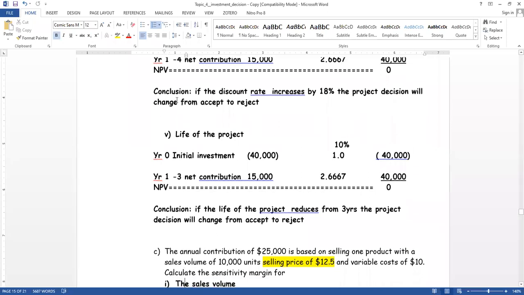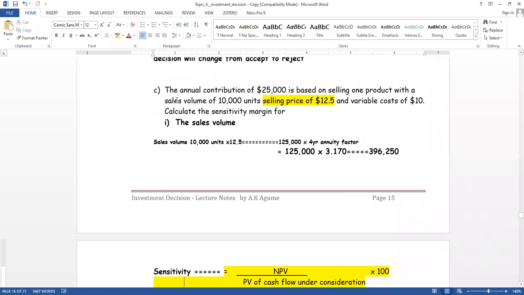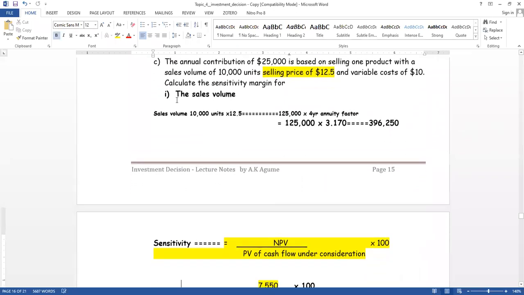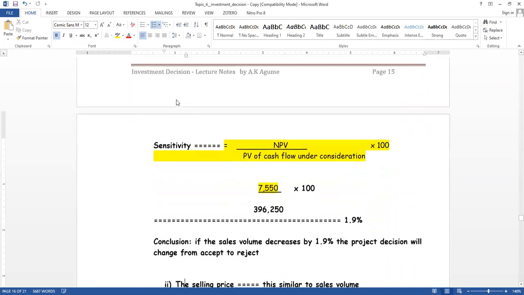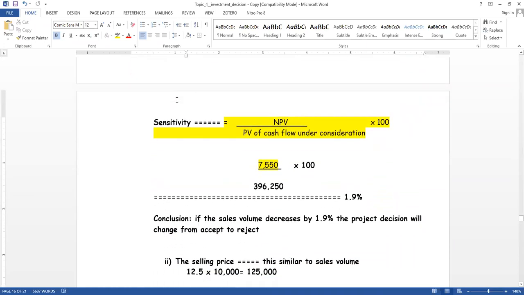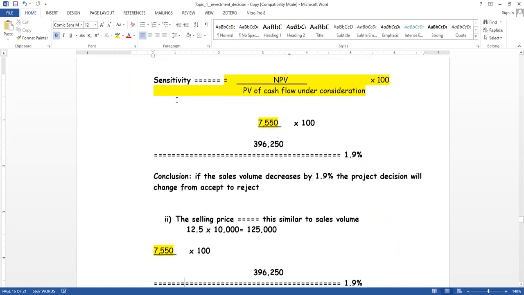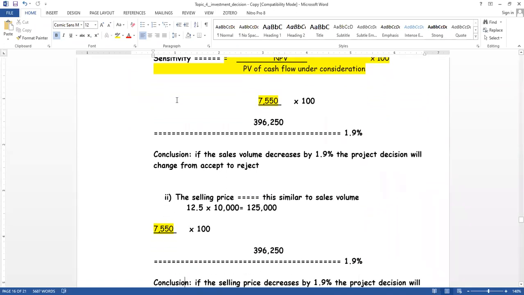No, it was 3. Sales volume 1.9. Selling price 1.9.